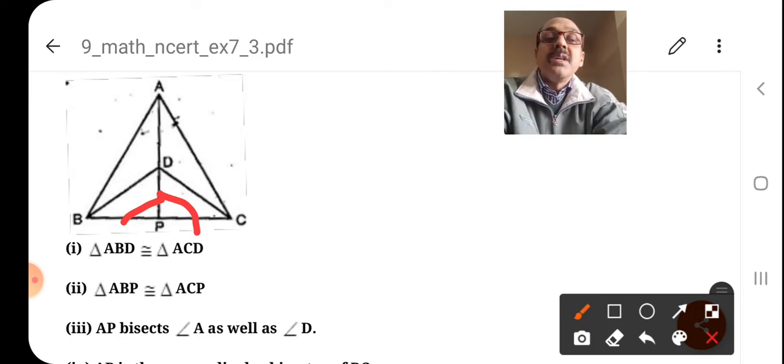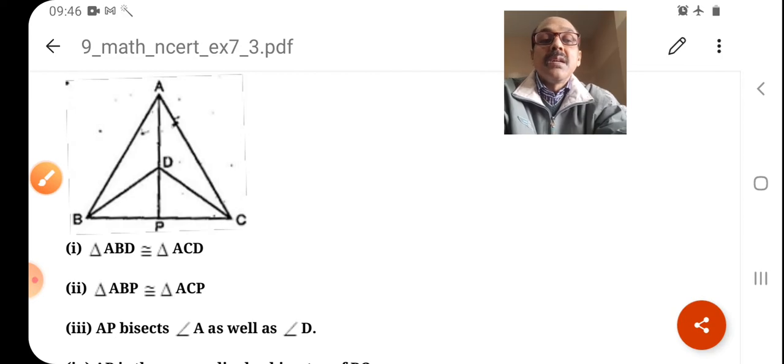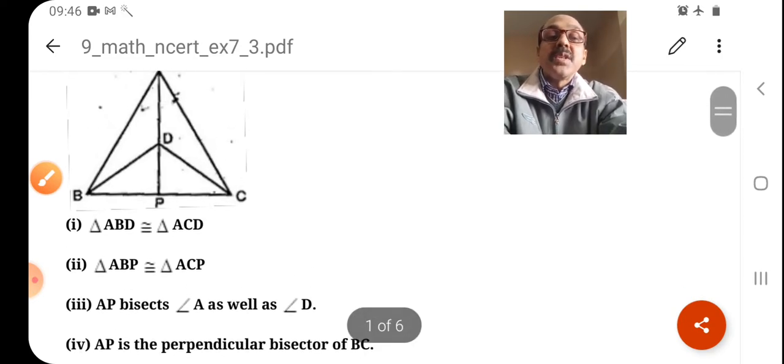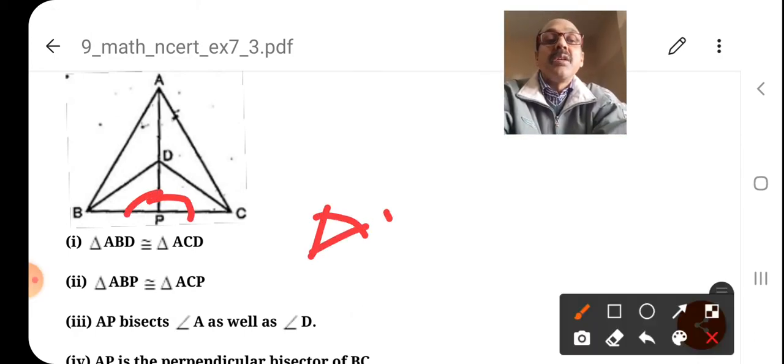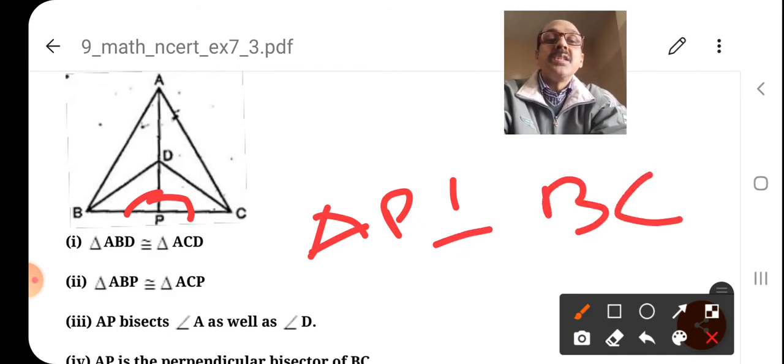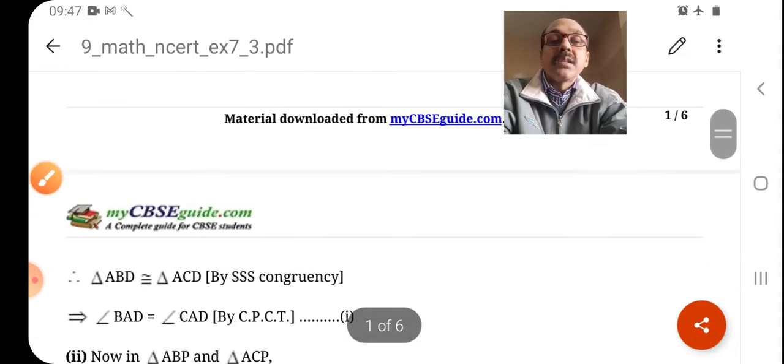Now we can say AP bisects angle A as well as angle D, because these two are equal. And AP is the perpendicular bisector of BC, because this angle is 90 degrees and this angle is also 90 degrees, that means AP is perpendicular to BC, and already proved BP equals CP. So now you can say AP is the perpendicular bisector of BC.